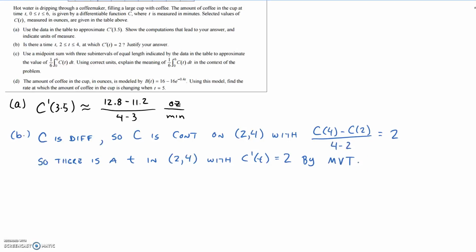And what we're doing here is conditions, analysis, conclusion, theorem. Our conditions, C is differentiable and continuous on this interval. Our analysis, showing that the slope of the secant is equal to 2. Our conclusion, which is basically what they asked us in the question, that there's a t between 2 and 4 where C prime of t equals 2. And then our theorem, which is by MVT.